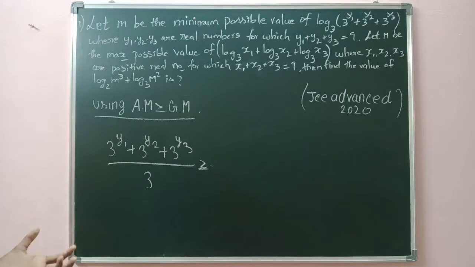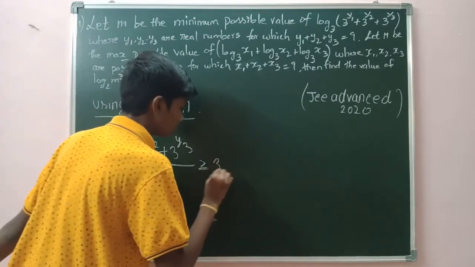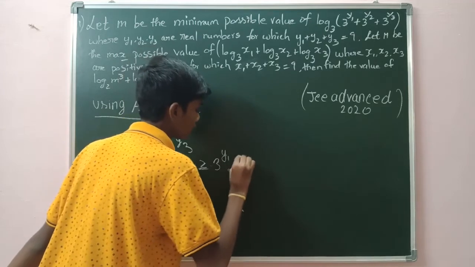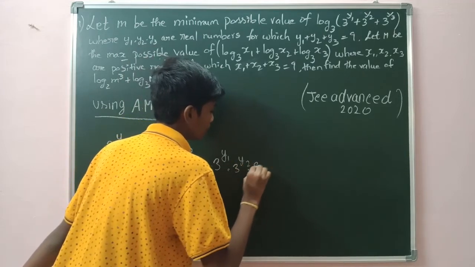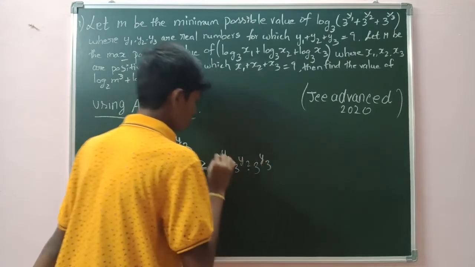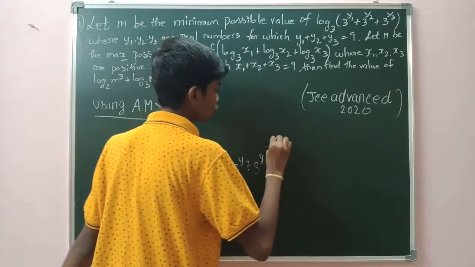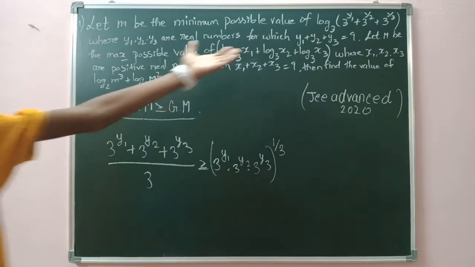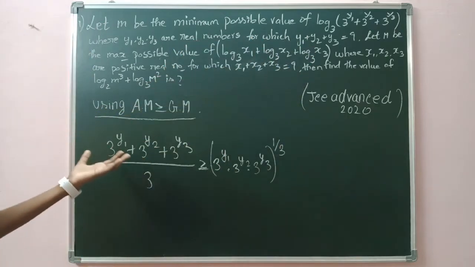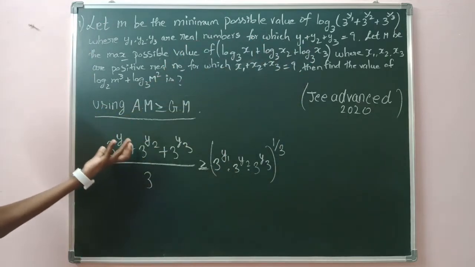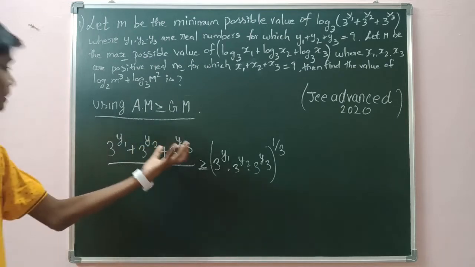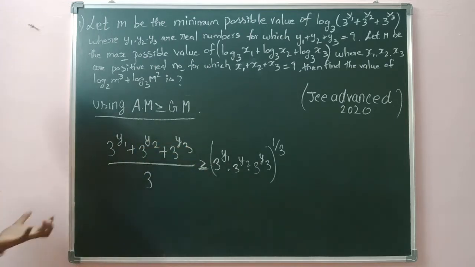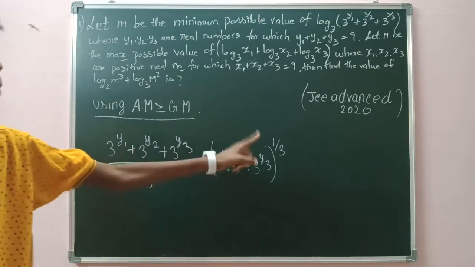Geometric mean of 3 terms will be 3 power y1 into 3 power y2 into 3 power y3 whole power 1 by 3. That means your cube root, correct na? Using your AMGM inequality, I can say that the AM, which is 3 power y1 plus 3 power y2 plus 3 power y3 by 3, will be greater than or equal to 3 power y1 into 3 power y2 into 3 power y3 whole power 1 by 3.